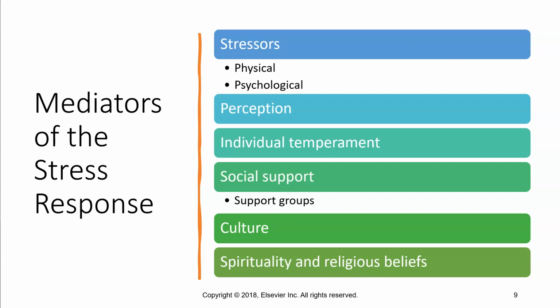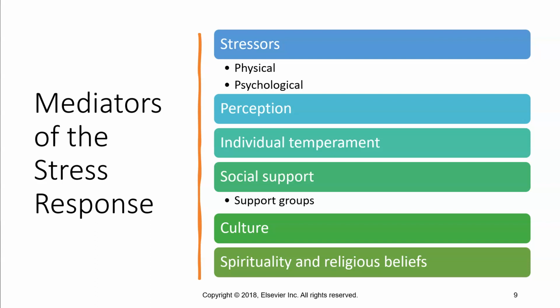Temperament is based on individuals' perceptions, where we see genetics come into play, vulnerability, childhood experiences, coping strategies, outlook. It's a big tied-together present bow of who we are. Our social supports, we will talk a lot about support groups in this class.